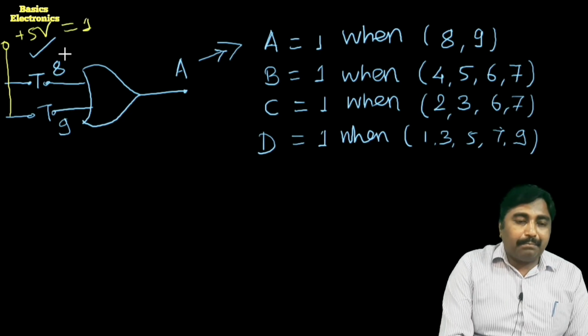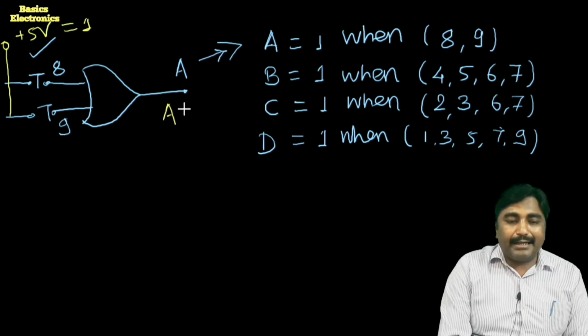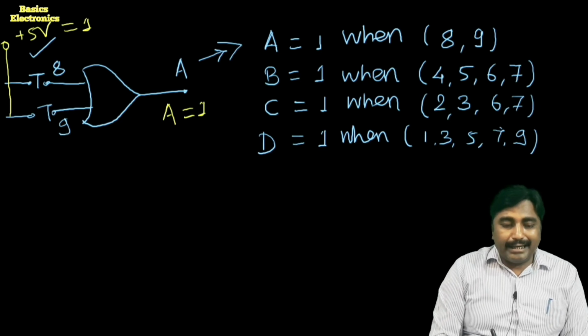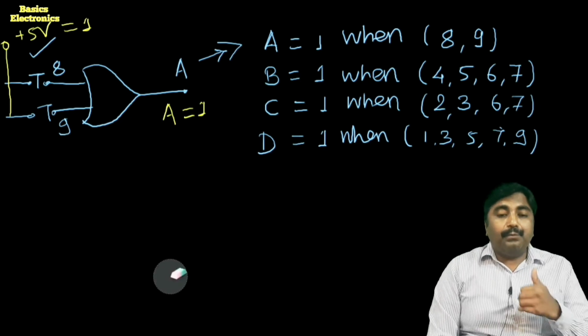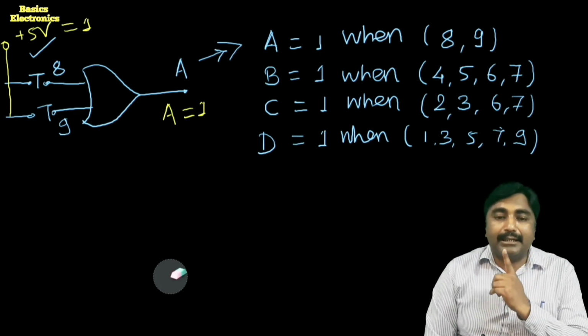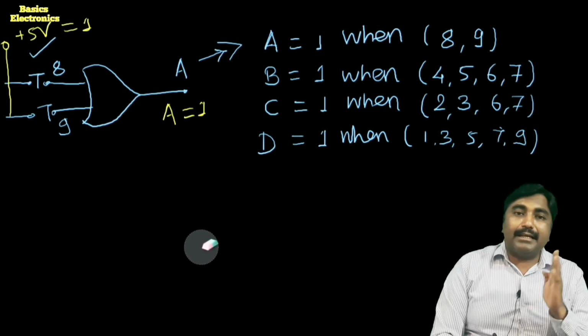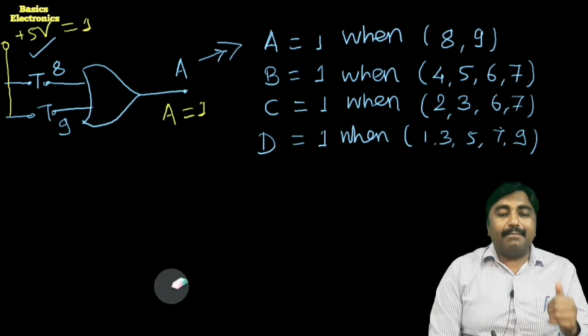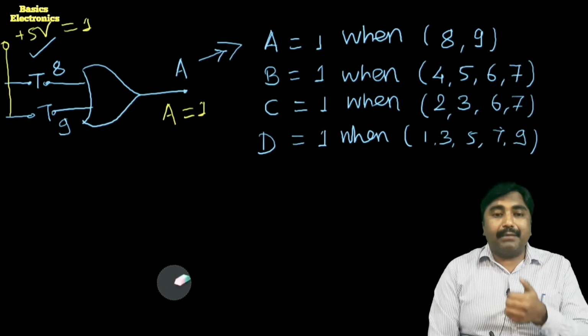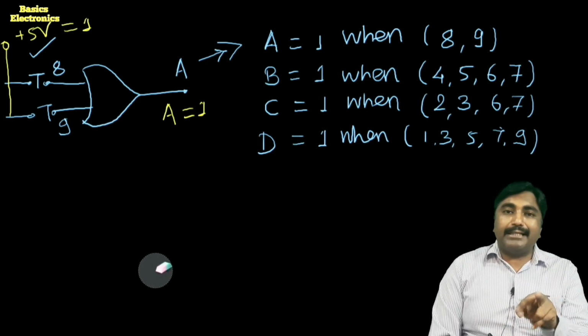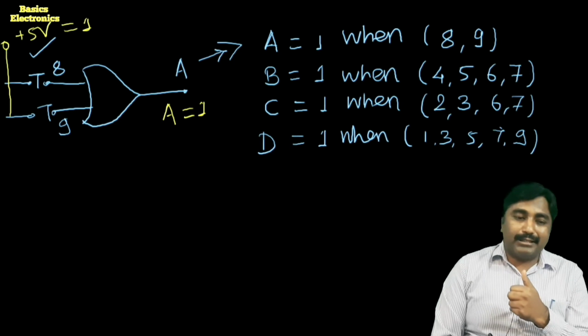So when we press the 8 number switch or the 9 number switch, then we get output A equal to 1. Okay, are you getting it? We are using one gate for the single BCD output, and this gate is the A gate, which is the MS bit gate, and the MS bit is equal to 1 when either the 8 number switch or the 9 number switch is pressed.